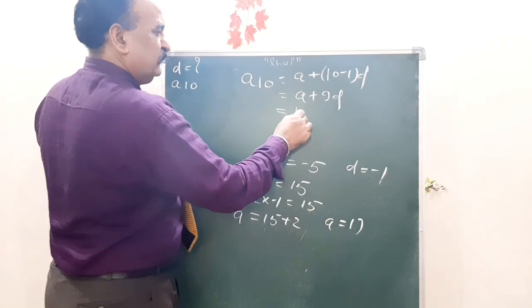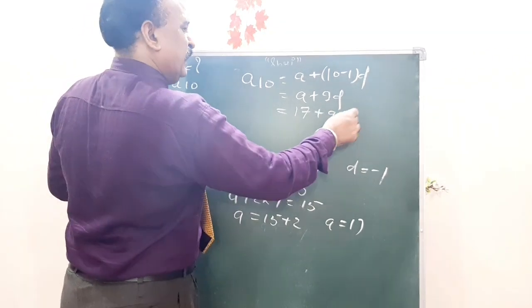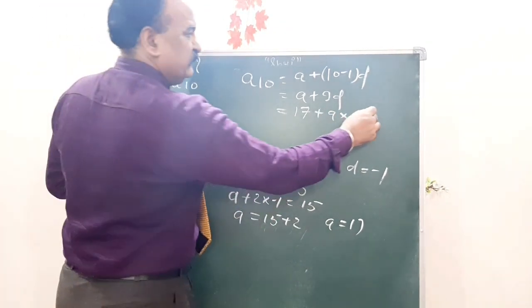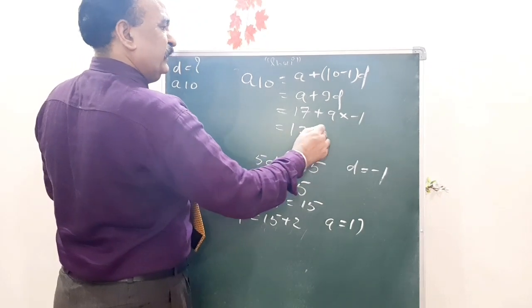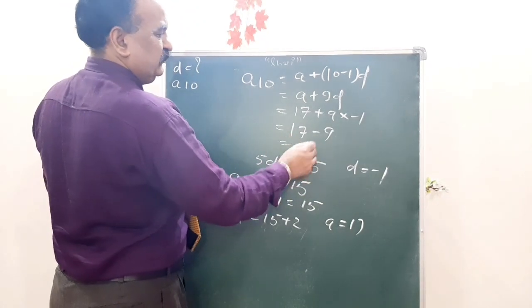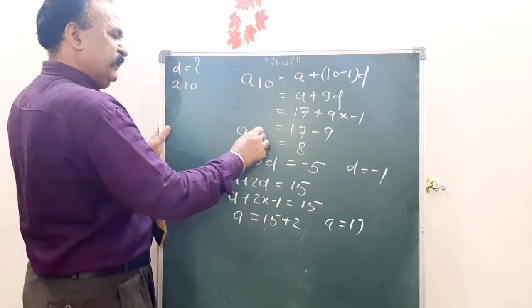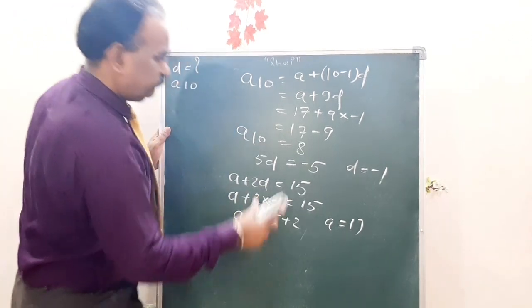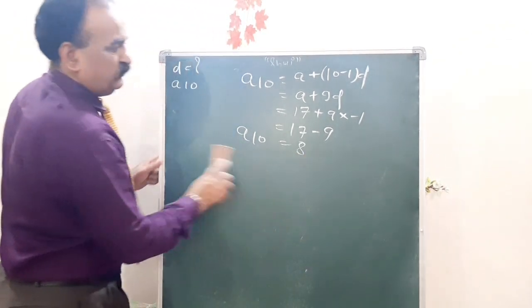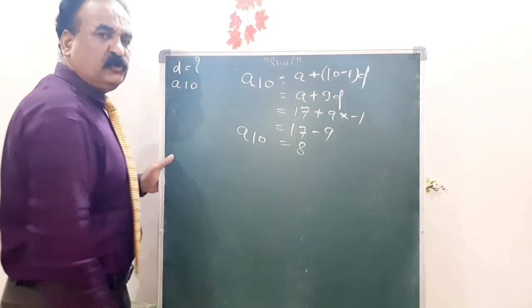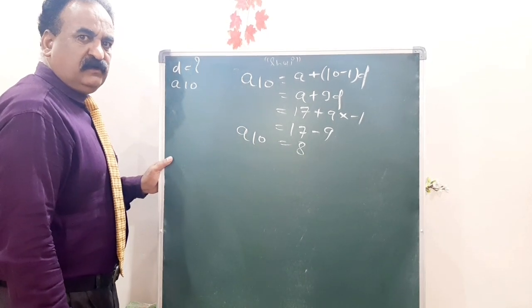A is 17 plus 9 into D, which is minus 1. It means 17 minus 9 is equal to 8. So you can write A10 is equal to 8.